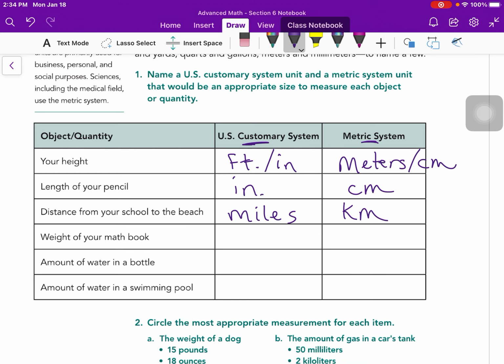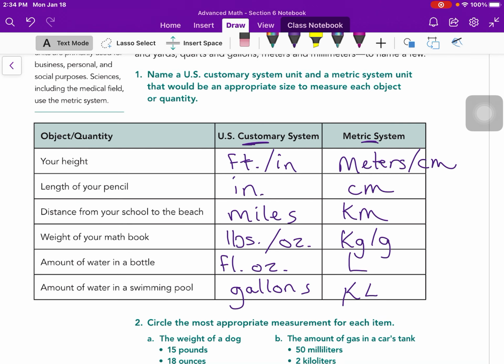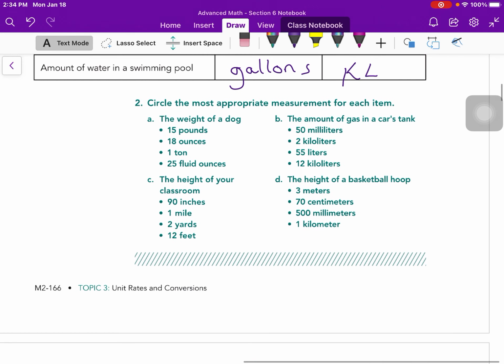The weight of your math book would probably be in pounds or ounces, and in metric, kilograms or grams. The amount of water in a bottle, we measure in fluid ounces or in liters. And the amount of water in a swimming pool would be a little bit bigger, gallons, and then maybe kiloliters in metric.